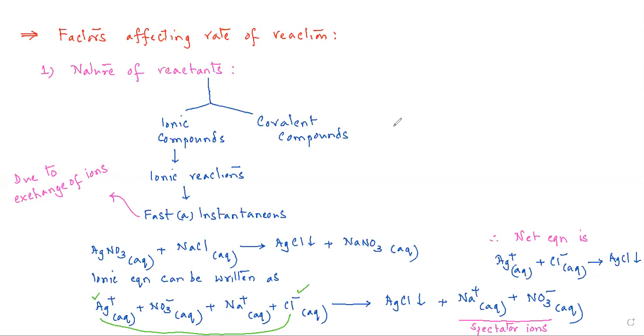Now coming to covalent compounds, you know the reactions that take place between covalent compounds are called molecular reactions. These are slow. Let me give you an example: the combustion of methane.